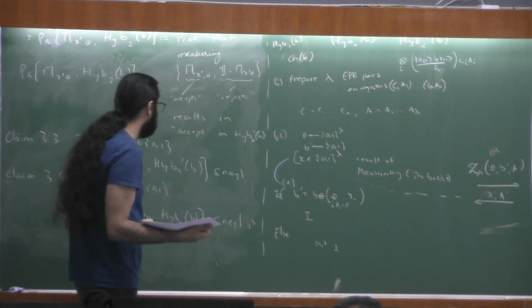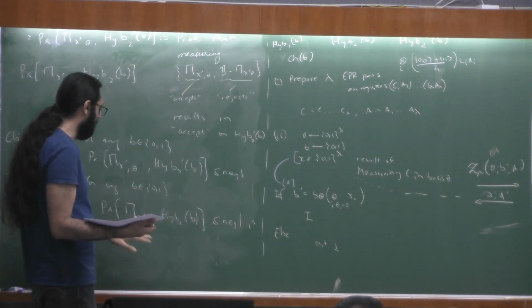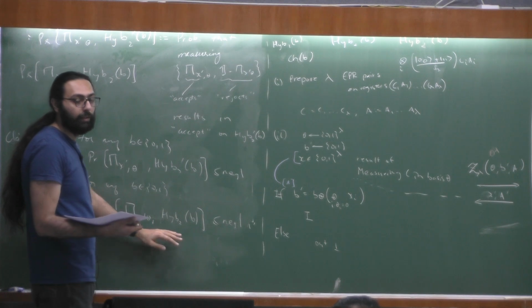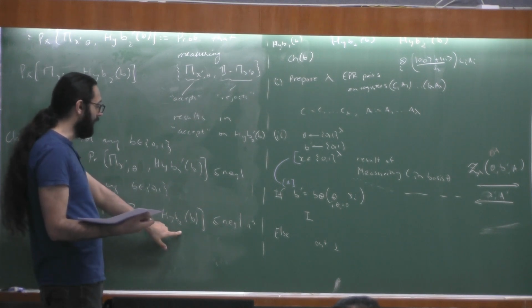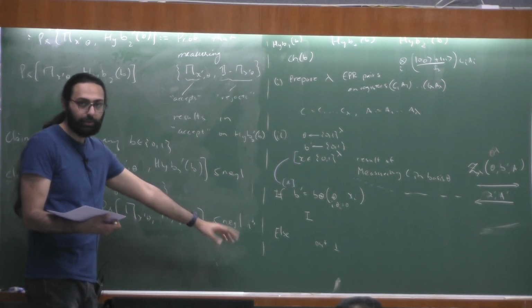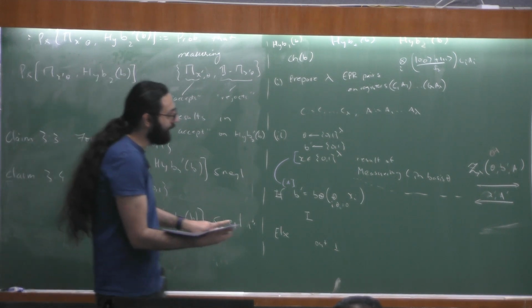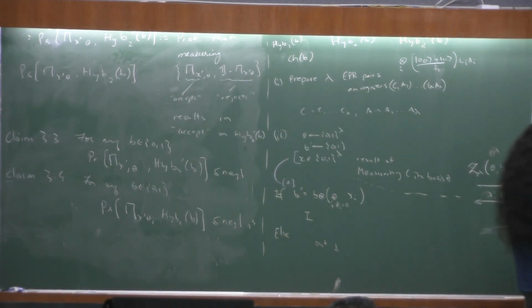So what that means is that if you could somehow have this operation output some value which is not negligible in hybrid 2, something you could detect, then you could use this projector, because this projector is efficient, in the sense that you know the procedure to produce the output.